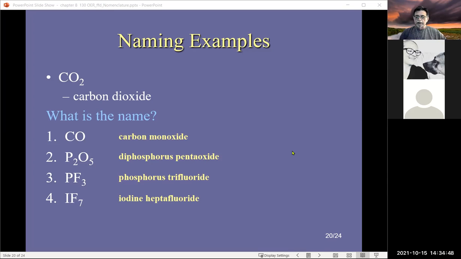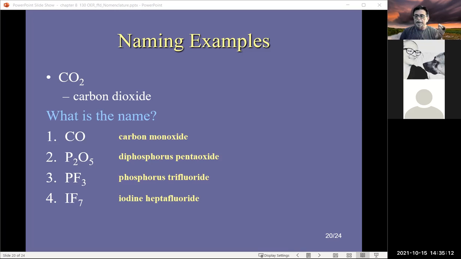Prefixes. If it is the central atom, which is normally the first one, we don't. Like I said earlier, iodine here, number 4, is the central atom, so its name remains as iodine. And if it was something else, a secondary atom, then it would be called iodide.